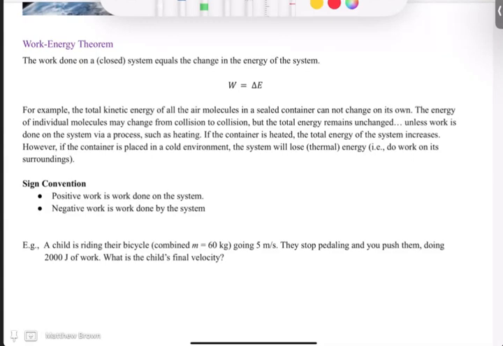That's positive work. However, we say that negative work is work that is done by the system, right? So if the boy crashes into something or whatever and ends up moving them as a result and slows down, right, then we would say that was negative work, right? Which should make some sense, right? The boy would have lost energy.